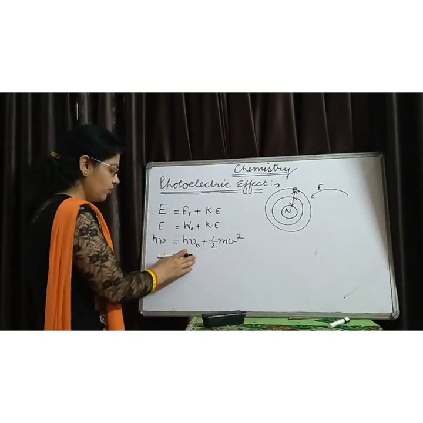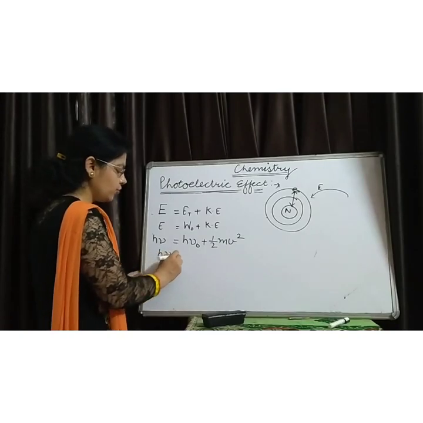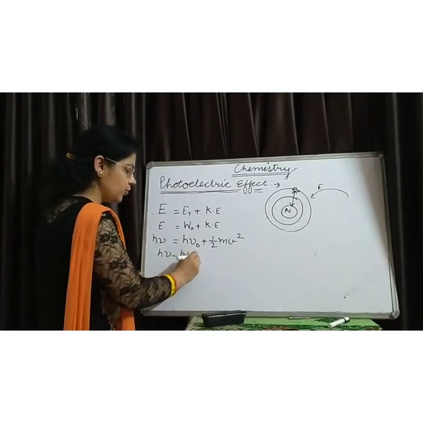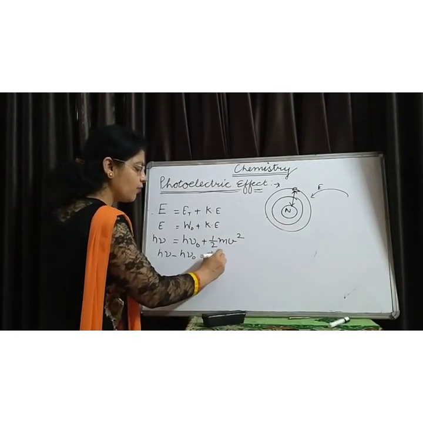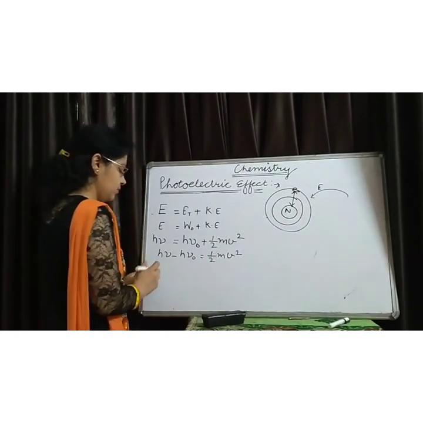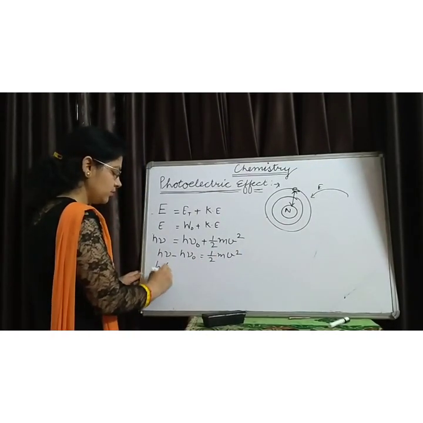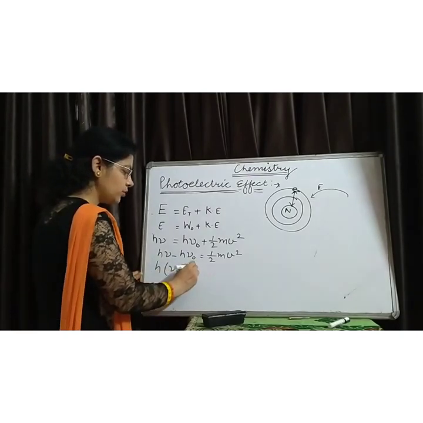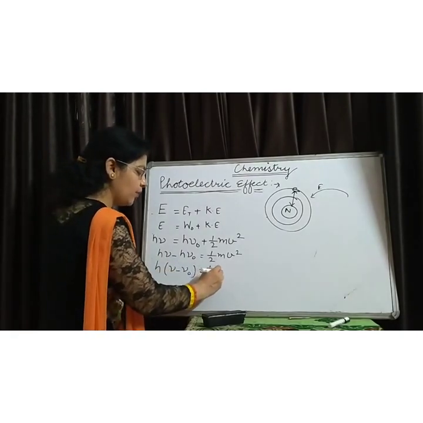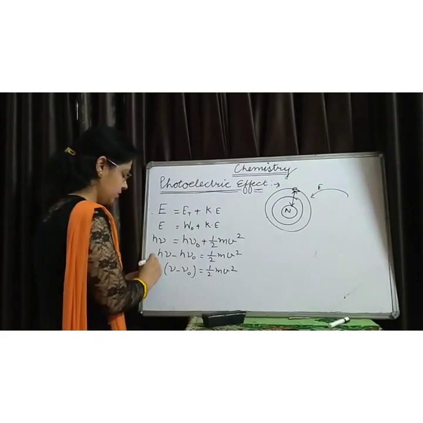Now, when we solve this, it comes out to be h nu minus h nu naught is equal to half mv square. h is common, so h times nu minus nu naught is equal to half mv square.